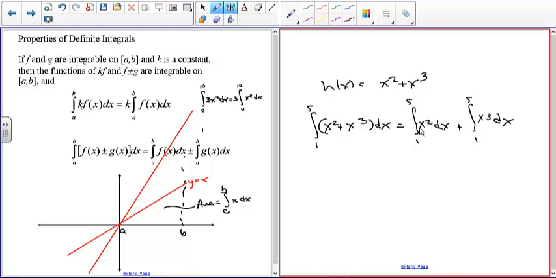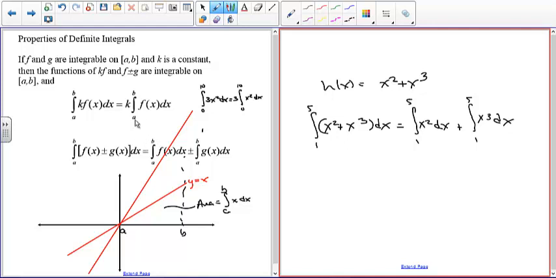We have a formula for doing this and a formula for doing that. So in this case, not the antiderivative, we find the area. If you have this combined function, you can find the area under this function and the area under that function and add the two areas together and you get the total area. That's basically what's going on there.